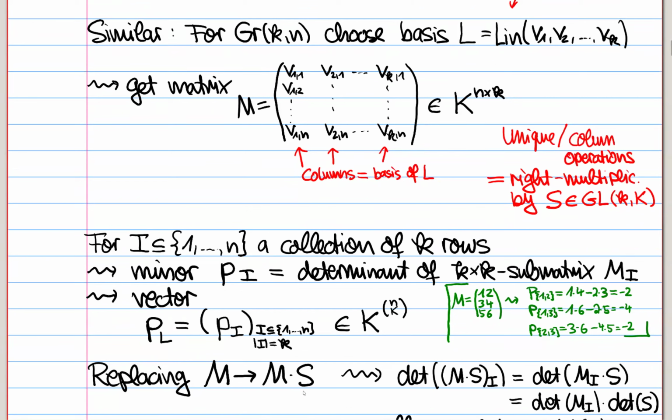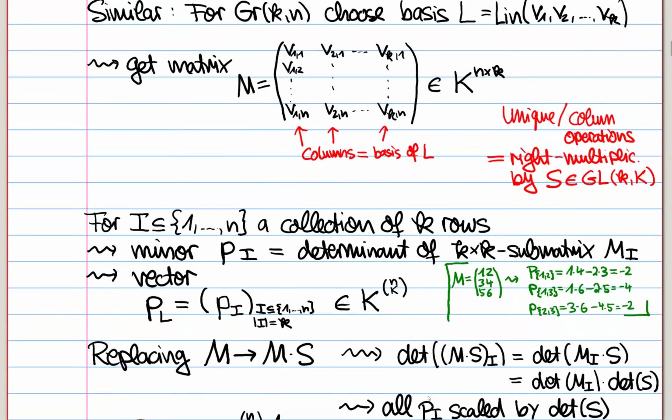Well, in fact, right multiplication commutes with choosing some sub-rows of the matrix. So in other words, the determinant of this new matrix here, if you choose the rows in the set I, is just the same thing as first choosing the rows I and then multiplying. And then we know the determinant is multiplicative like this.